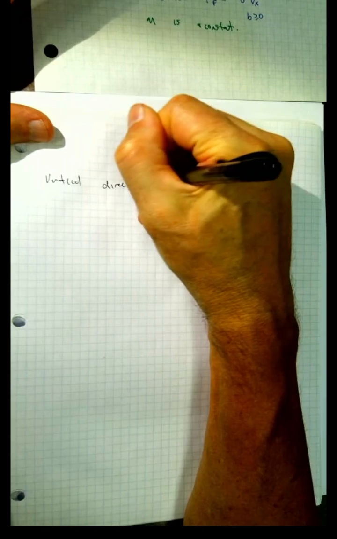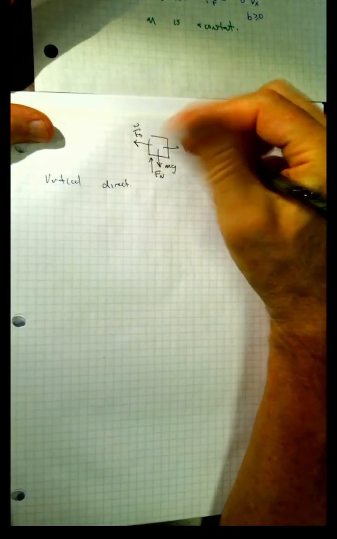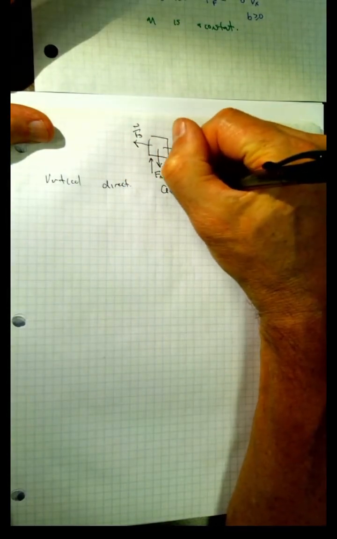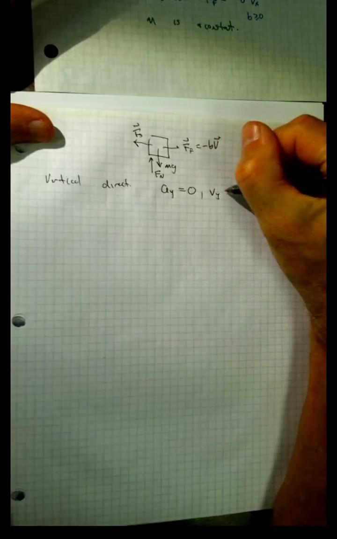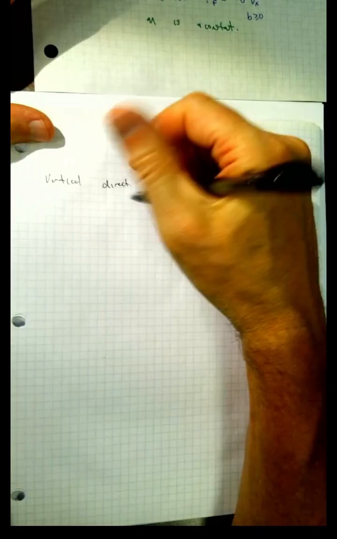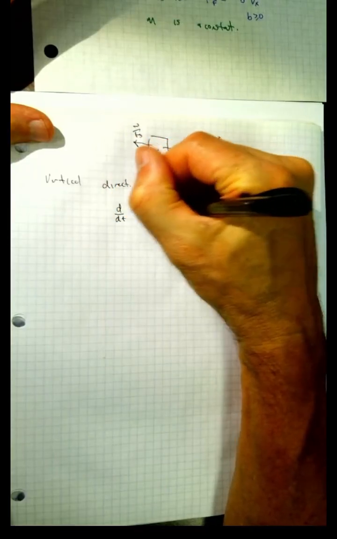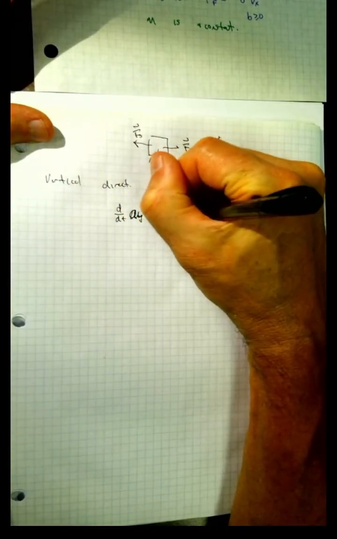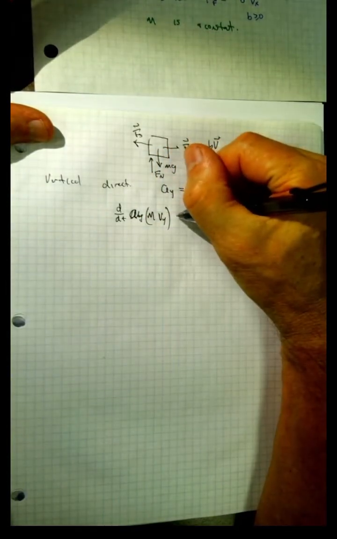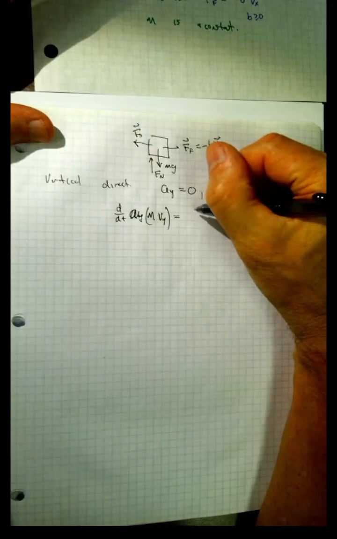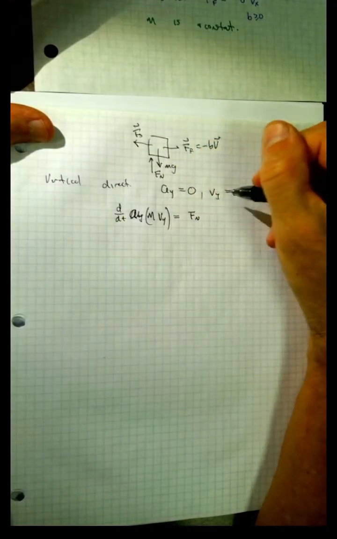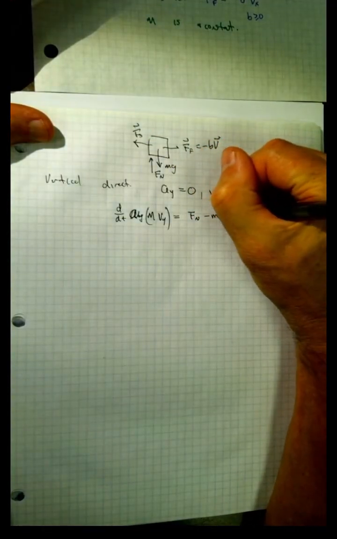In the vertical direction, we're going to assume that the acceleration in the y direction is 0 and the velocity in the y direction is 0. So we're going to assume it stays on the table. If that's the case, then the derivative of the mass times the velocity in the y direction is going to be equal to the normal force up minus mg.